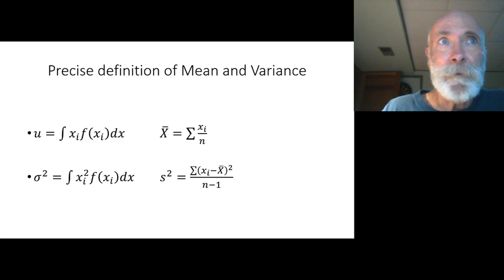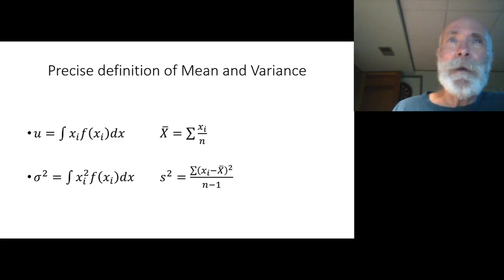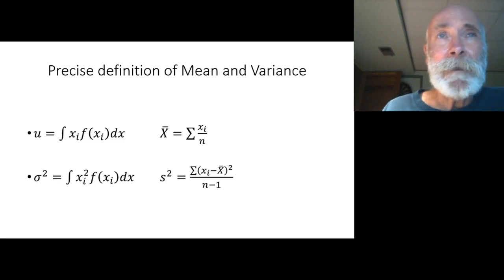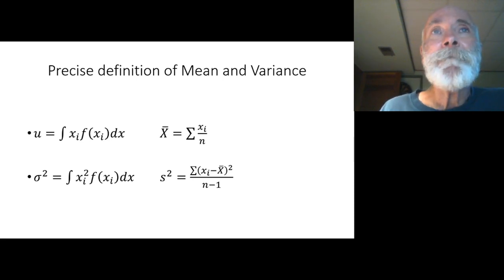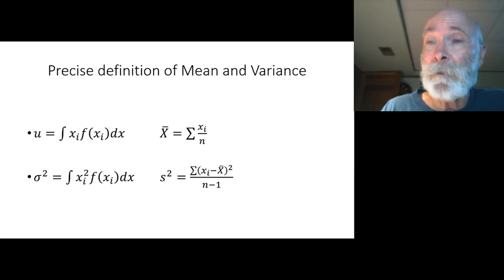But there, the equations would look just like this, except that x of i would be cubed or to the fourth power. Now notice the equation on the right. Here we have s squared, so that's our variance, right? And that's the sum of x of i minus x bar quantity squared divided by n minus 1.